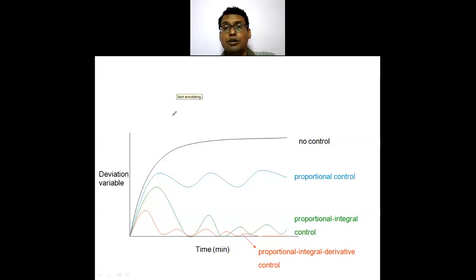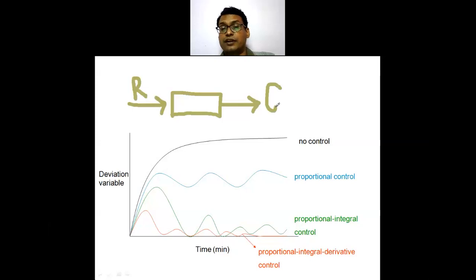When you draw the overall process after reduction of the block diagram, I am putting this as the R and this as the C.